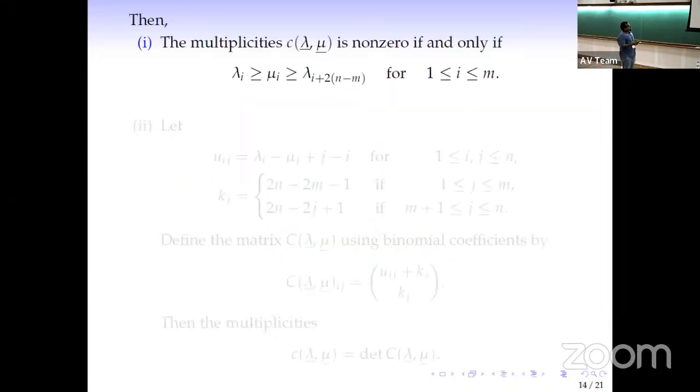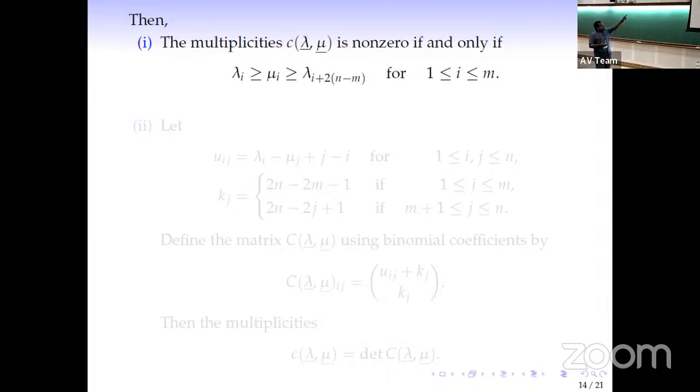Previously it was lambda i greater or equal to mu i greater or equal to lambda i plus 2, because at that time n minus m was 1. So we just got this formula. One can guess or easily get this formula using induction.